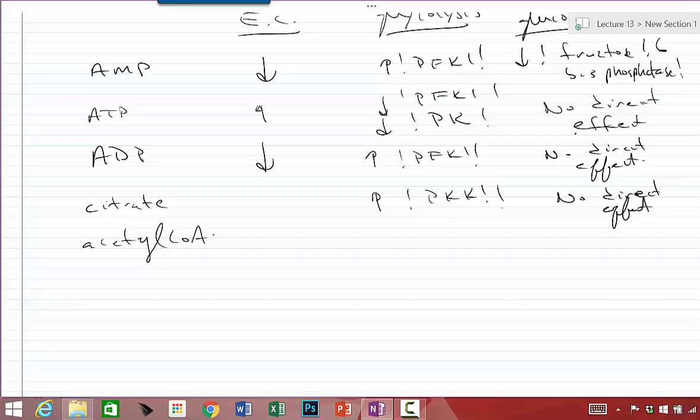Another molecule which we did talk about, acetyl-CoA. Acetyl-CoA will decrease the activity of pyruvate kinase, okay? And it increases the activity of pyruvate carboxylase.